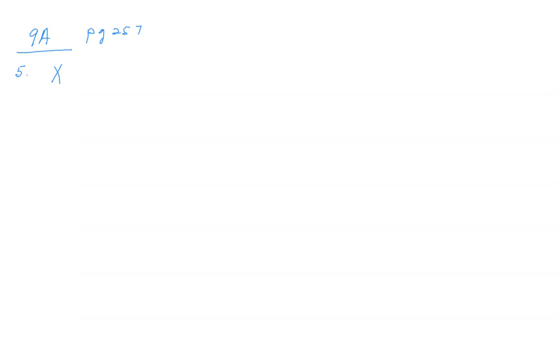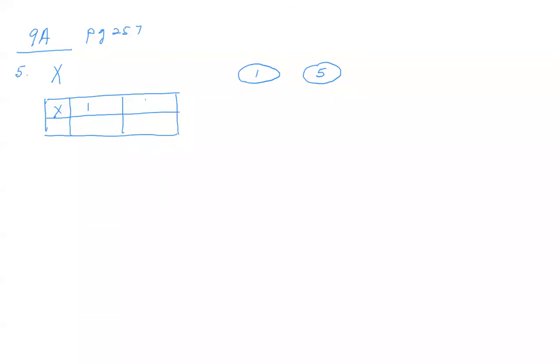You have a disc, one side labelled 1, the other side labelled 5. If I build the probability distribution table for X, my population, it will look like this. I can get 1 or 5. Since it's a fair disc, the chances will be half-half. So this is my population.